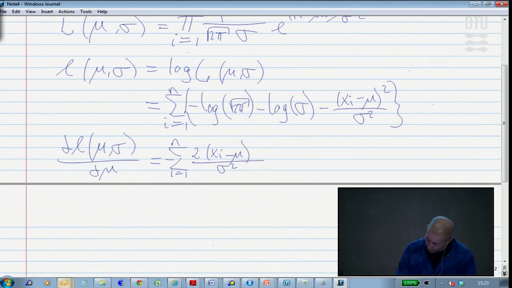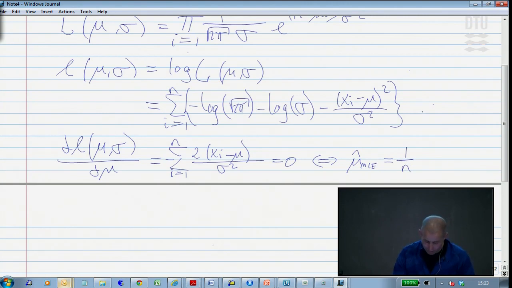Now if I equate this with 0, then I see the sigma squared vanishes, and basically I see what I hoped for, that if I solve this, the 2 also disappears, and I am left with the fact that the maximum likelihood estimate of mu would be, luckily, the average.